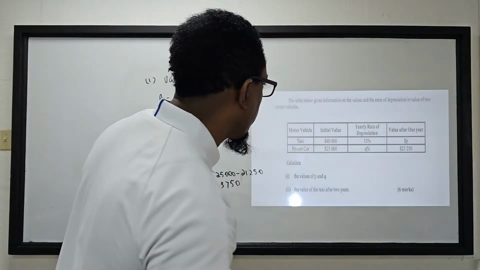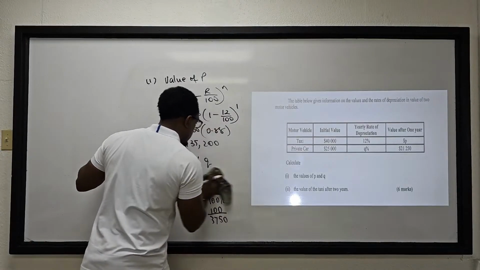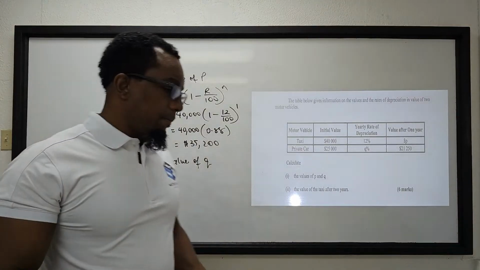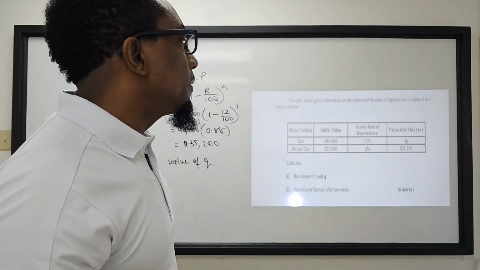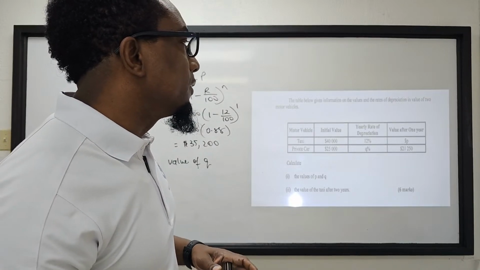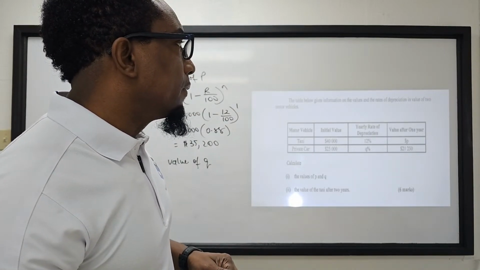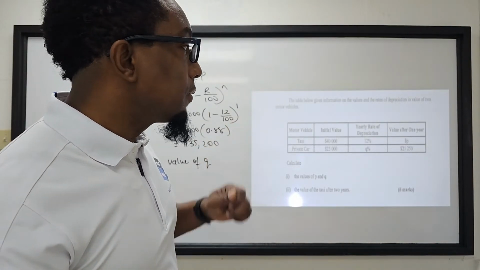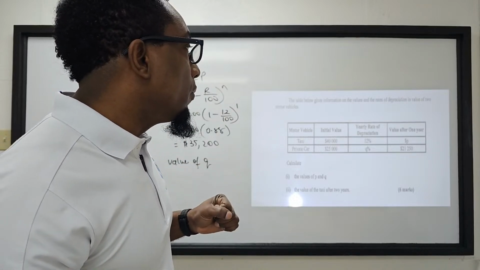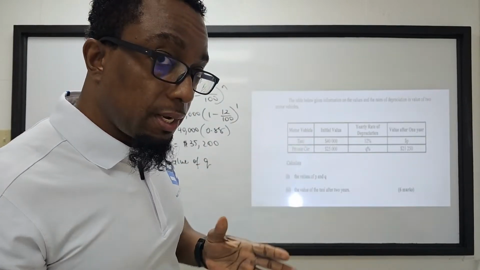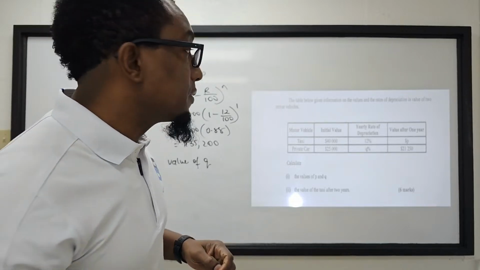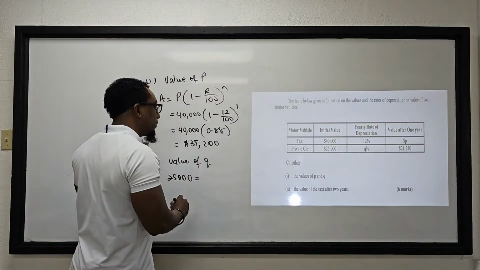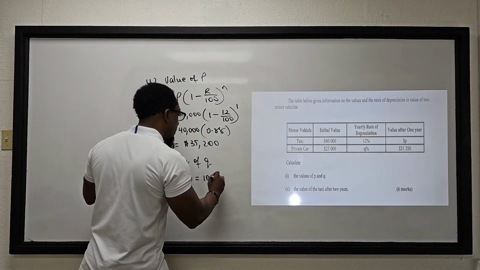Alright, let me read this way. For us to determine what percentage we would have depreciated by after 1 year, from 25,000 to 21,250, we allow 25,000, which is the initial, to be equal to 100%. So I'll start out by saying here 25,000 is equal to 100%.